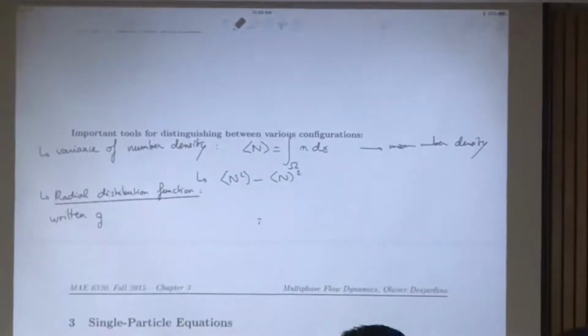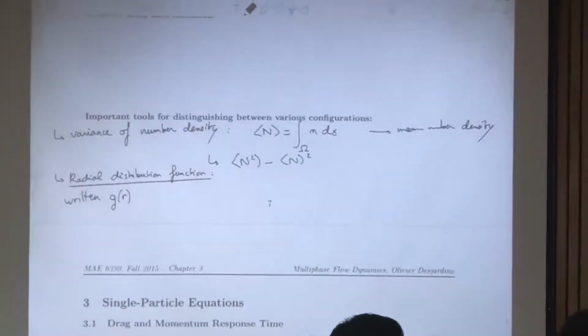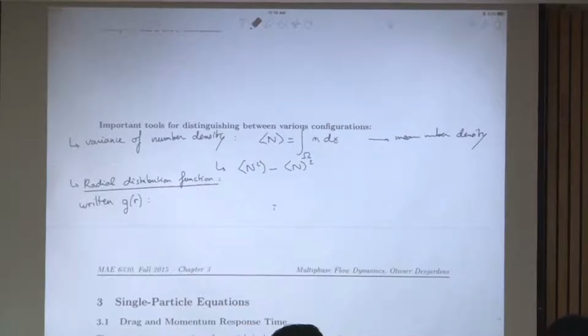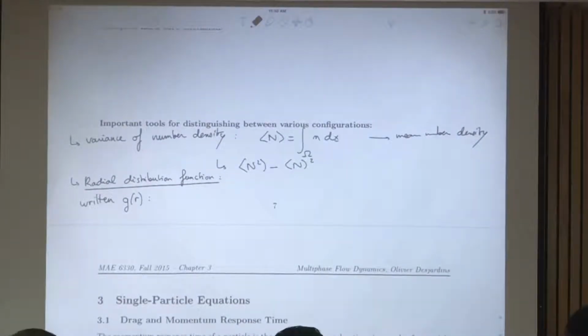It is classically written g of r, and g is the number of particle pairs separated by a distance r. So you can see in what sense it is a two-point statistic. We're not looking at whether we have a particle or not. We're saying, given that I have a particle here, how likely is it that I have another particle at distance r from that? Okay, and then you can average that.